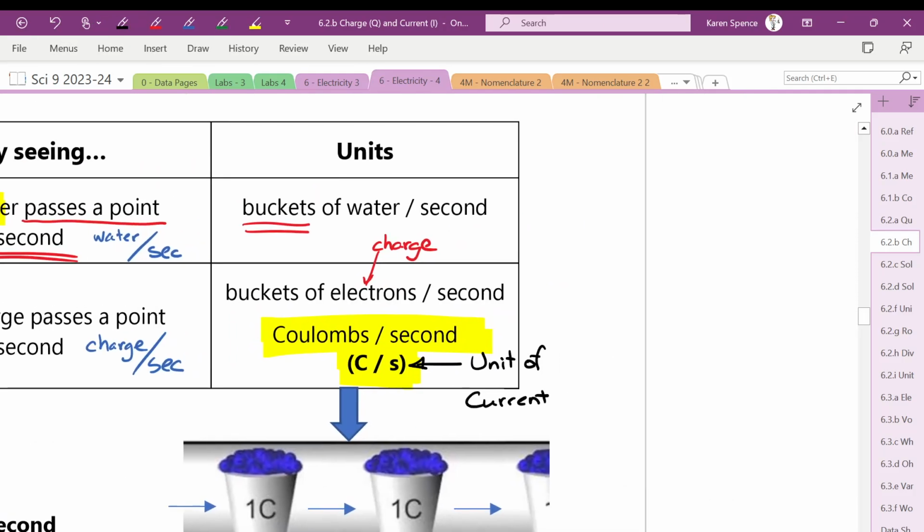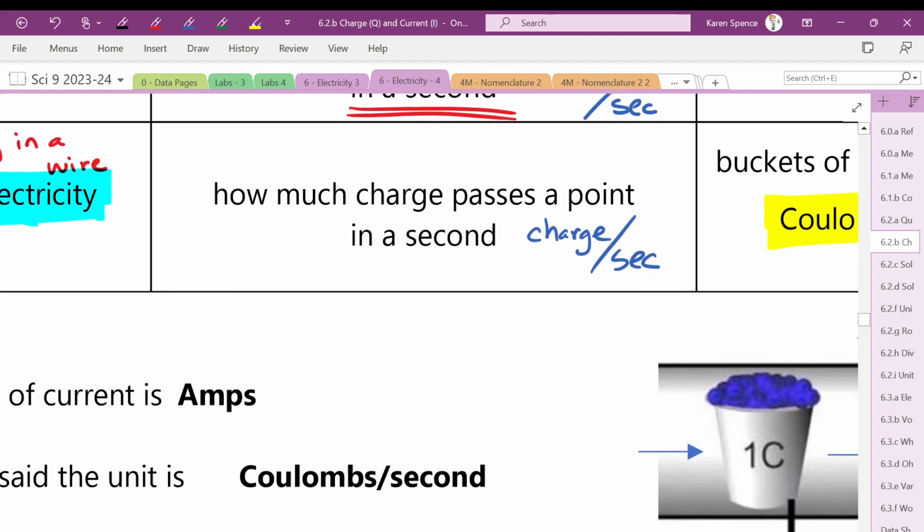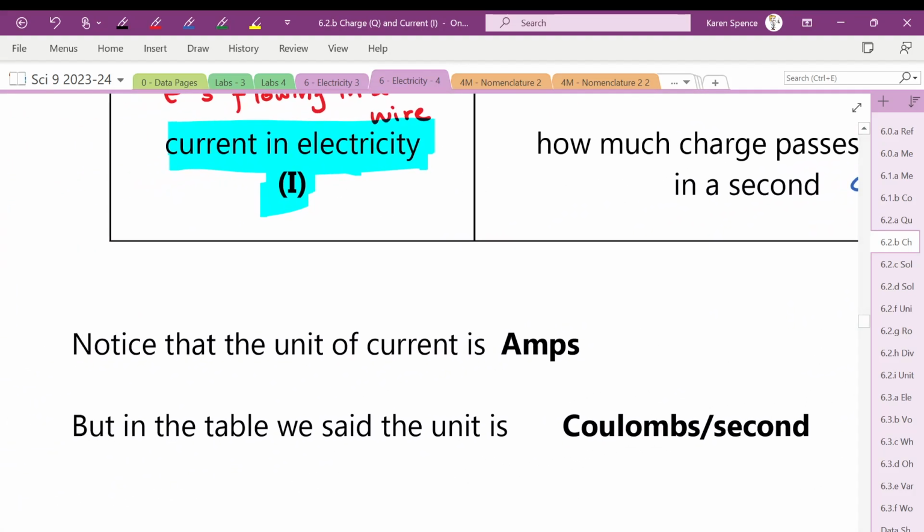Now, take a look at this. This is our unit of current. But what did I say before that the unit of current was? The unit of current is the amp. So what that means is if the unit of current is an amp, and the unit of current is also a coulomb per second, then amps and coulombs per second are the same thing.